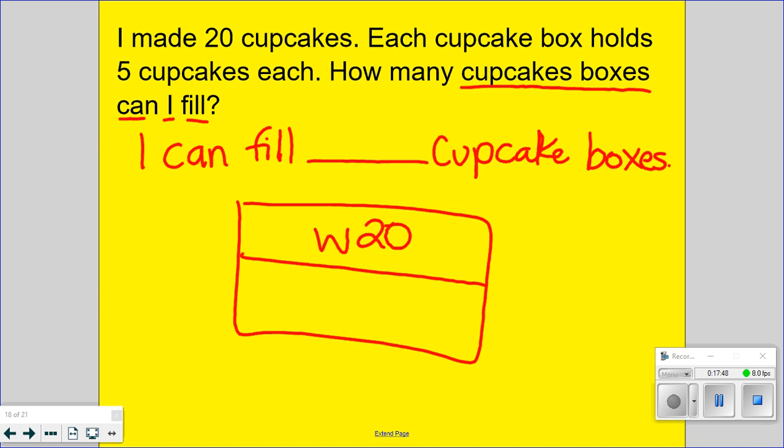What am I doing with those 20 cupcakes, Heidi? You are putting each cupcake into a box. Yeah. Put them into boxes. What's up? Go for it.